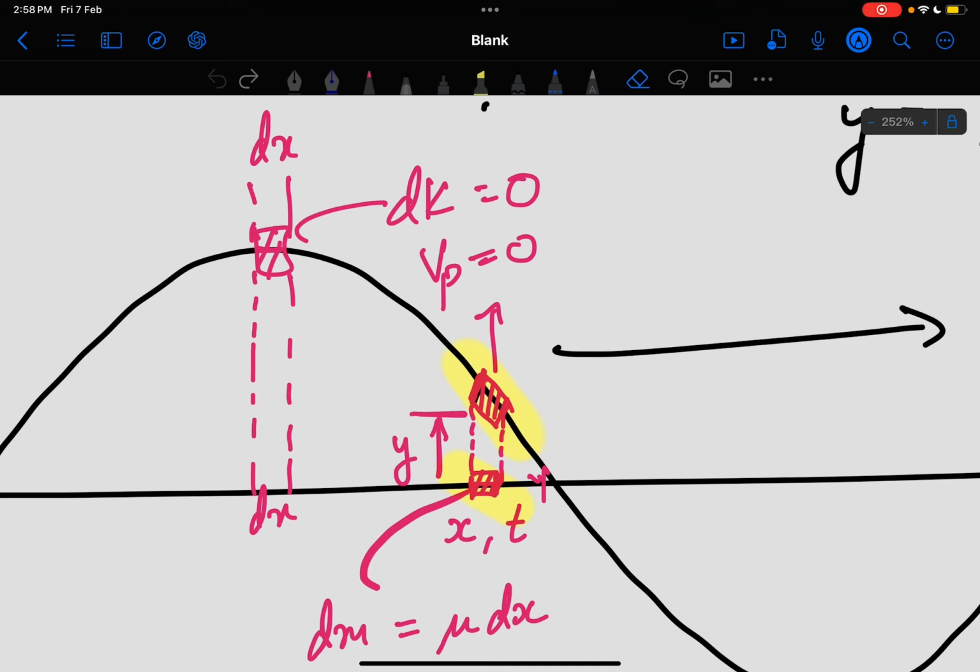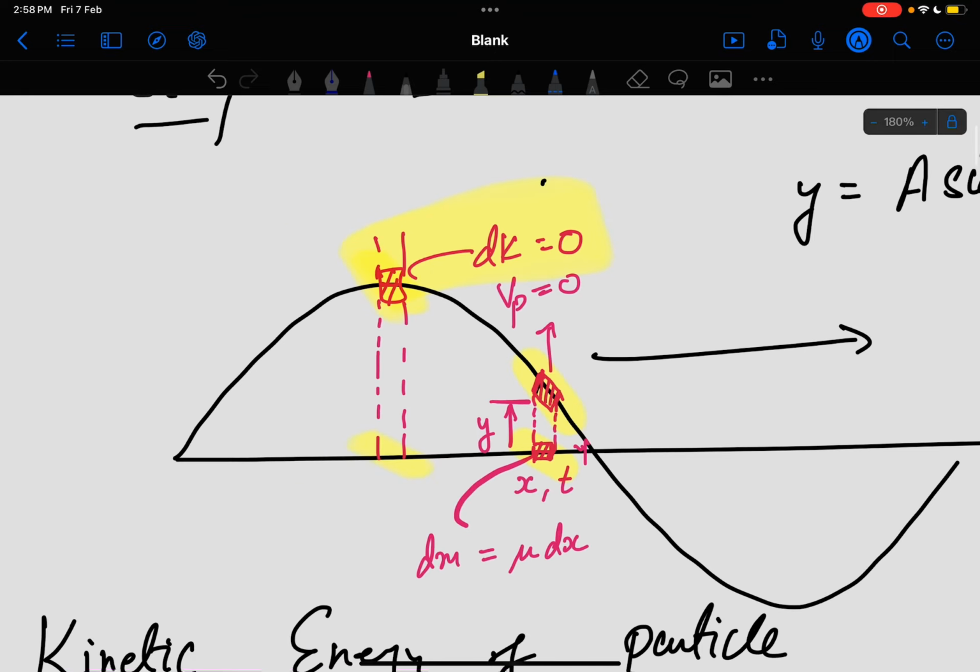If you notice, at this particular location, which is the peak point, whatever is the length of this portion, the same amount of length will be present over here also, right? And the kinetic energy at the extreme position will be zero itself, whereas the kinetic energy of the particle at the mean position will be maximum, correct?